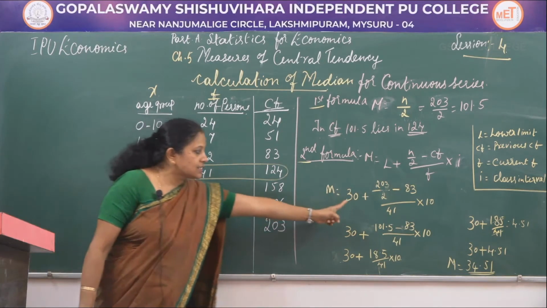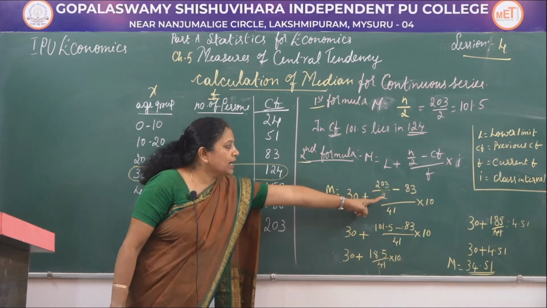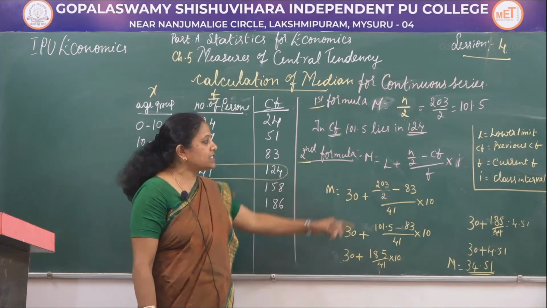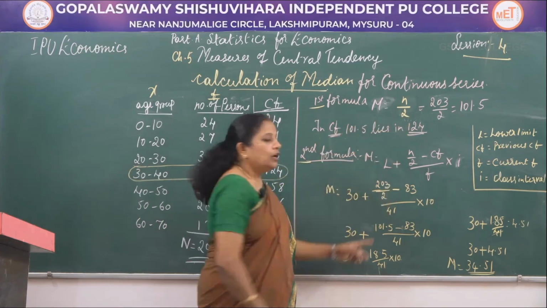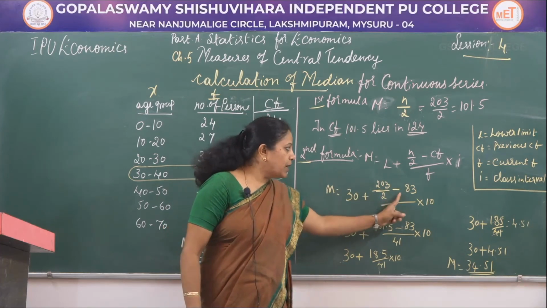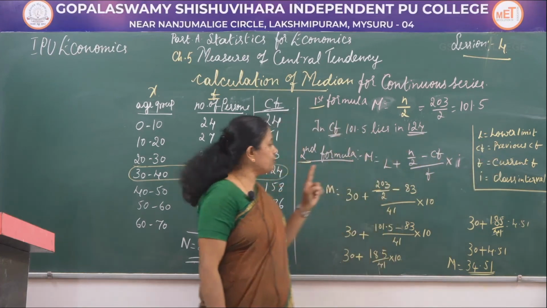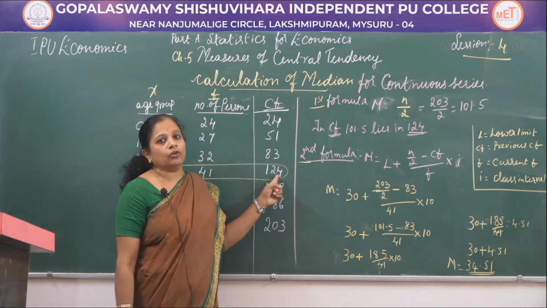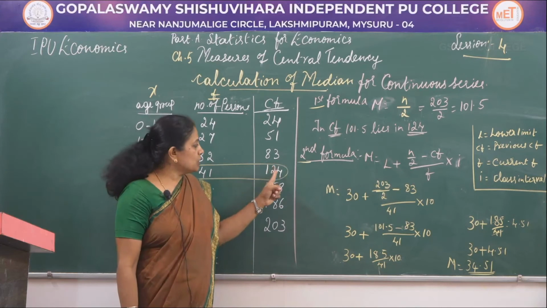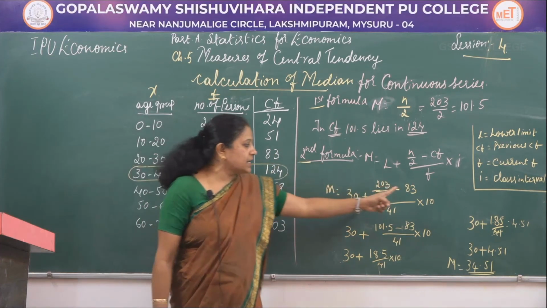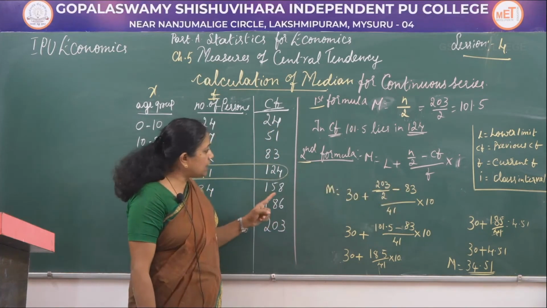So L is 30 plus 203 divided by 2, that is n by 2, minus CF, that is the previous cumulative frequency of the class where the median value is located. The previous cumulative frequency is 83.